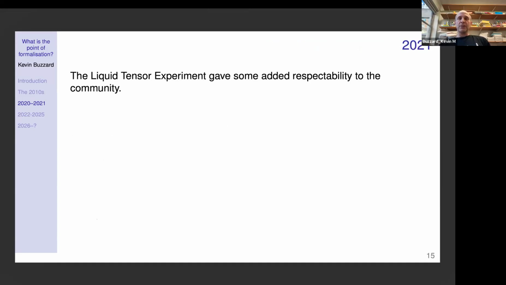So that was 2021, and as I say, we got some added respectability. And also, of course, we could point to other things the formalization had done. We'd simplified the proof. The original paper proof that Clausen and Scholze had written used stable homotopy groups of spheres, and we kept putting that off. We didn't fancy formalizing that because that was going to be a massive detour.